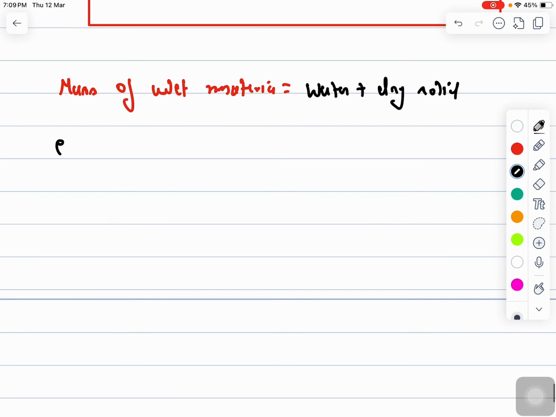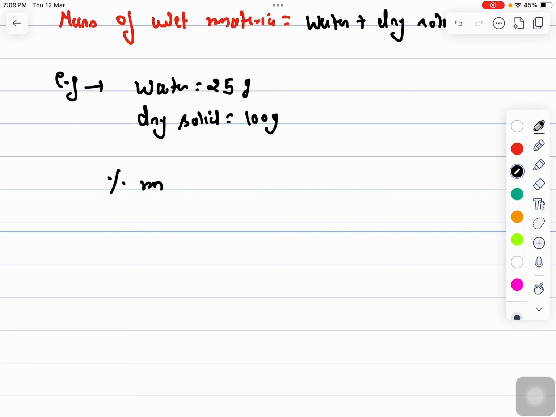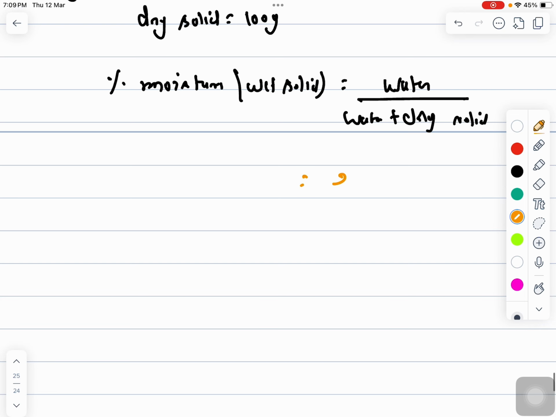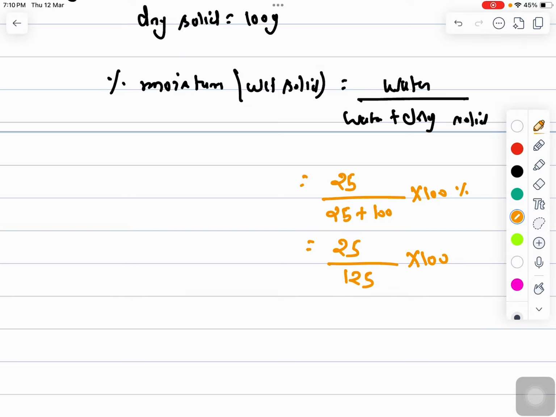Right. So let's say, for example, if I am telling you the mass of water is, let's say, 25 gram, and the mass of dry solid is 100 gram, and if I tell you to calculate the percentage moisture content based on wet solid, that will be equal to water divided by water plus dry solid, and this formula I have already discussed, and that is equal to 25 divided by 25 plus obviously 100, into 100%, and that will be equal to 25 divided by 125 into 100.